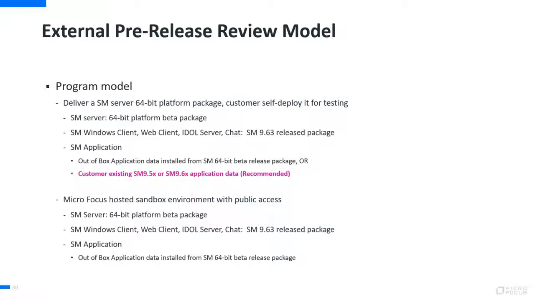This is also the model we recommend in this beta testing, because we always want to leverage real customer data to do the beta testing, which can get us more valuable feedback instead of out-of-box data. In the lab we already did many rounds of beta testing based on the OOB data, so we prefer to get customer feedback based on customer application data.